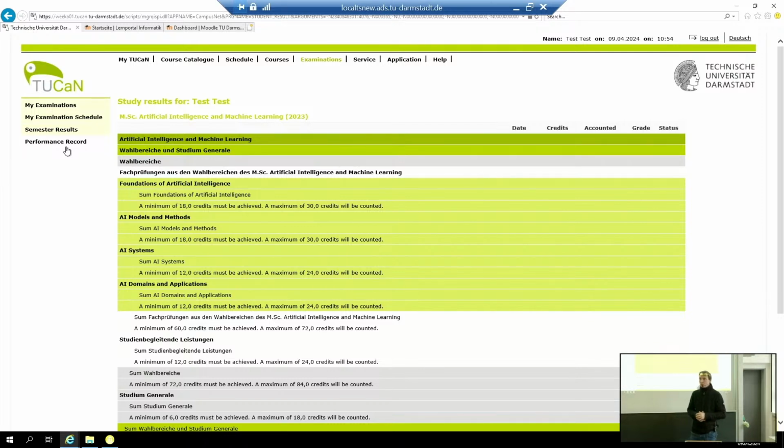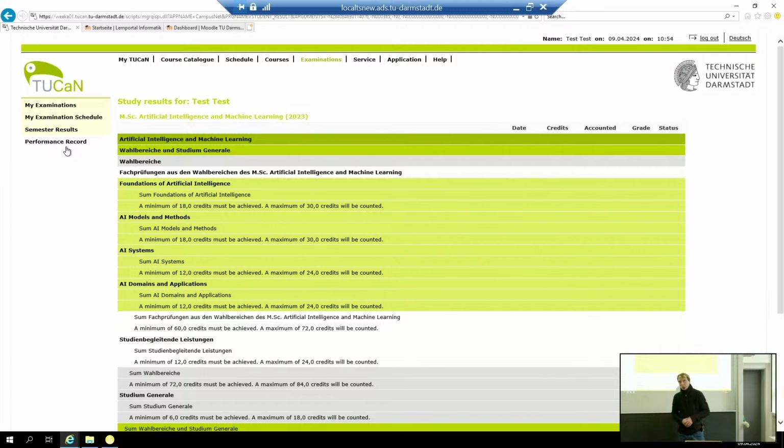What to do if you don't find a module? You first of all have to ask yourself, is this module actually existing in this semester? Because otherwise it makes sense to not find it. Then examination office. The examination office can check whether it was just forgotten for your study program, for example, or if there's an exception in the semester.